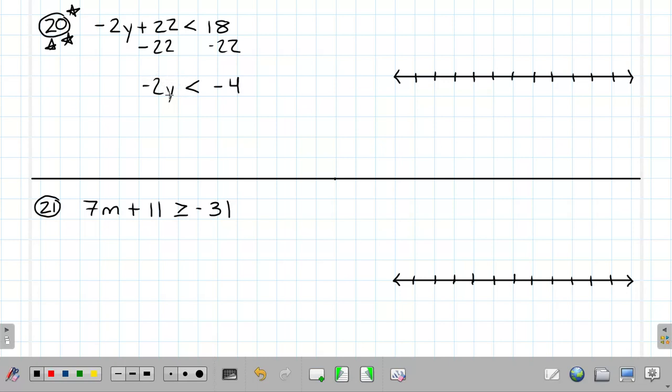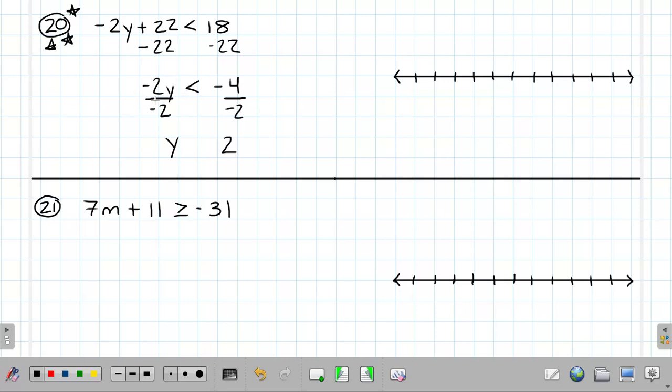But the next step, this is where we have to be careful and pay attention. What's my next step? Well, it's going to be dividing by negative 2. I divided by negative 2 here. That gives me the y. Negative 4 divided by negative 2 is positive 2. But here's where we have to pay attention.